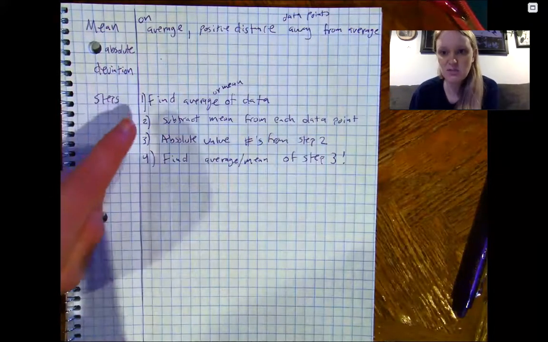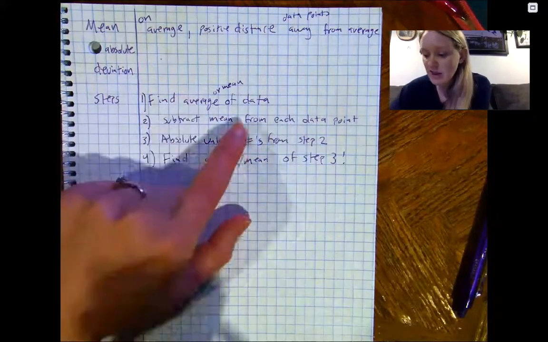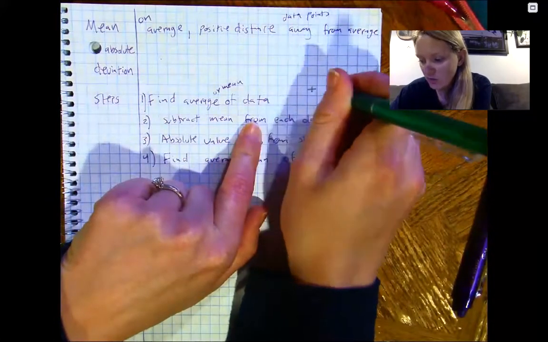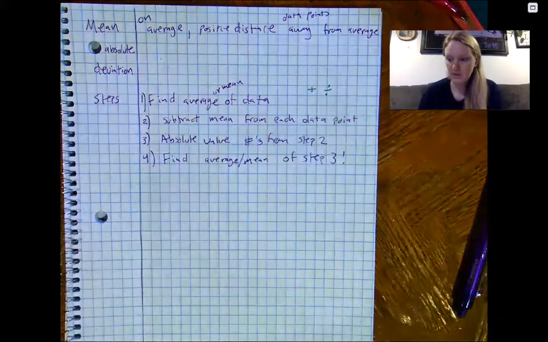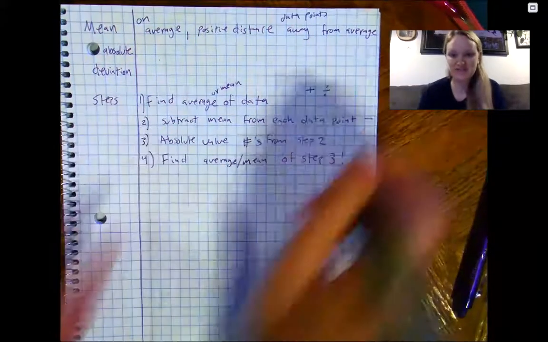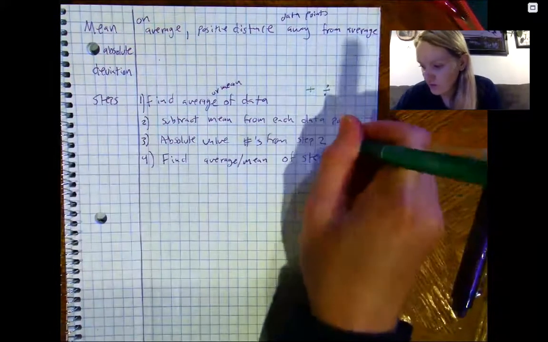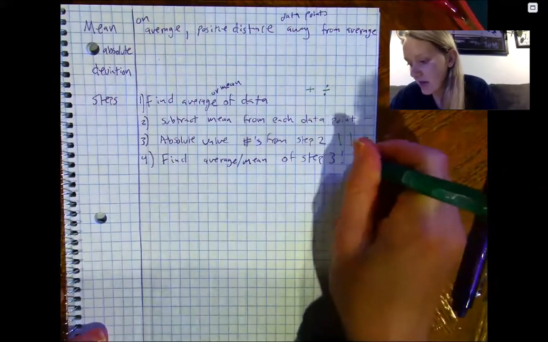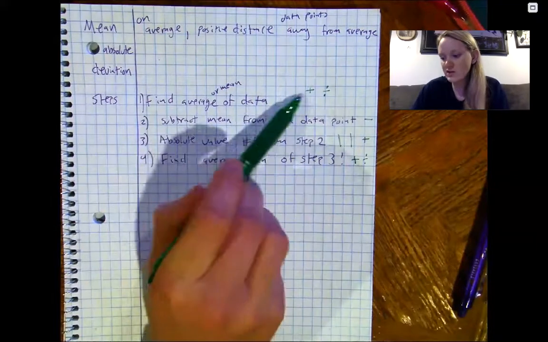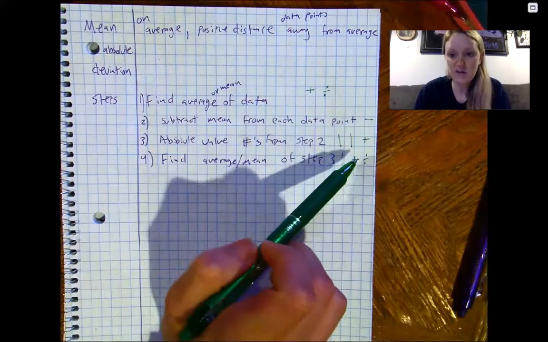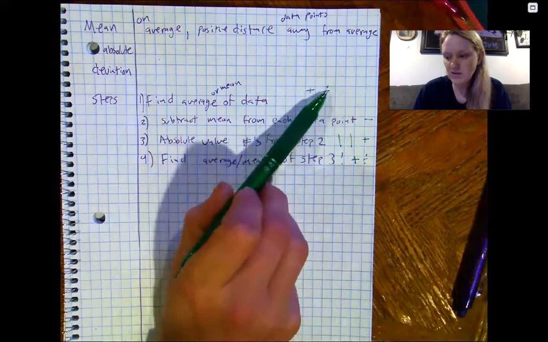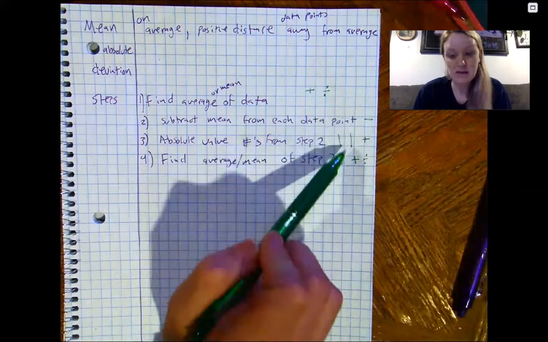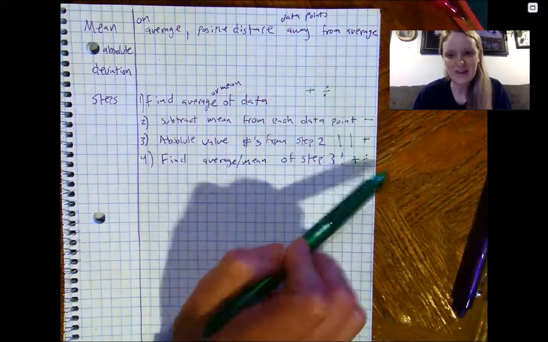Finding the average means you add and then you divide. Subtraction is just subtraction. Absolute value is when you just make it positive. And then averaging is just adding and dividing. So these are all skills that you've had for a long time.